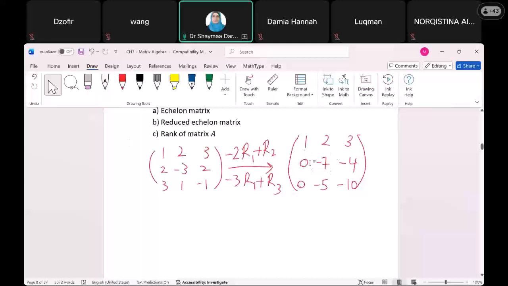Now the second row should start with 1. So I need to divide the second row by minus 7. So you have 1, 2, 3, 0, 1, 4 over 7, 0 minus 5 minus 10.